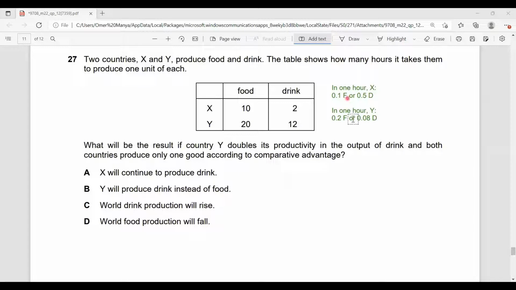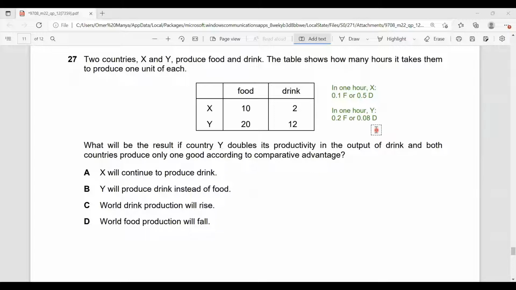For country Y, 1 hour would result in 0.2 units of food and 0.08 units of drink. So clearly, according to comparative advantage, X seems to have the comparative advantage in producing drinks. In 1 hour, they're able to produce more drinks than country Y.